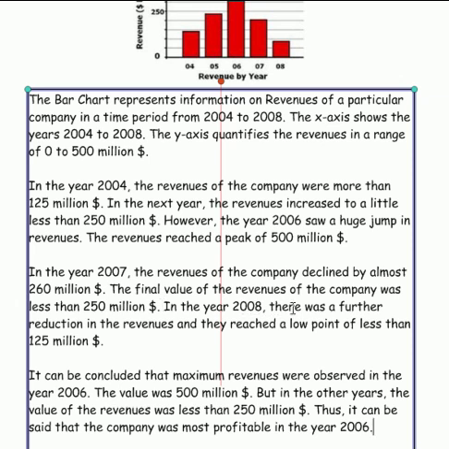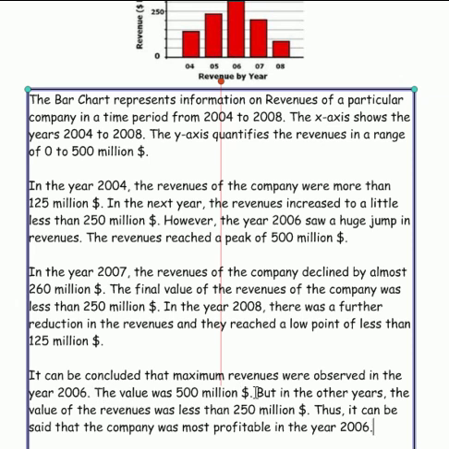In the year 2008, there was a further reduction in the revenues, and they reached a low point of less than $125 million. So we've used $ and million after every piece of data that we have provided, and till here the writing is perfect. Over here, it can be concluded that maximum revenues were observed in the year 2006.